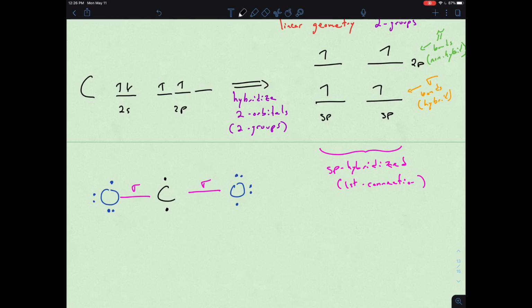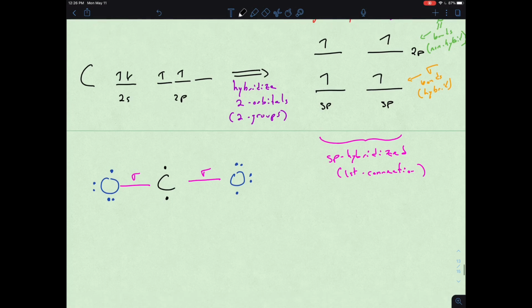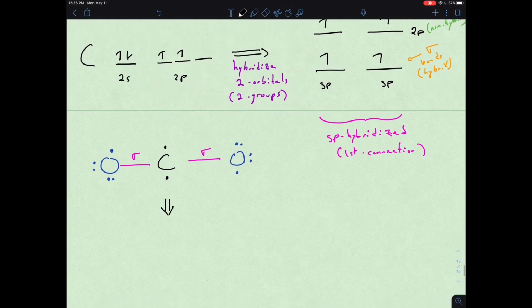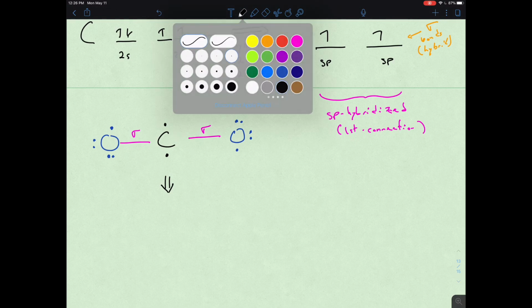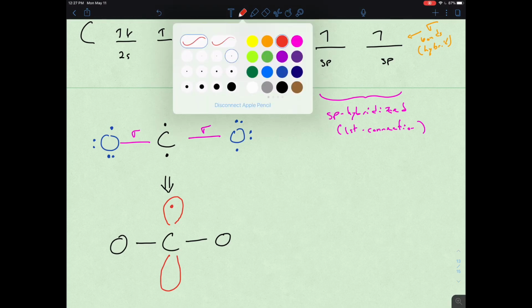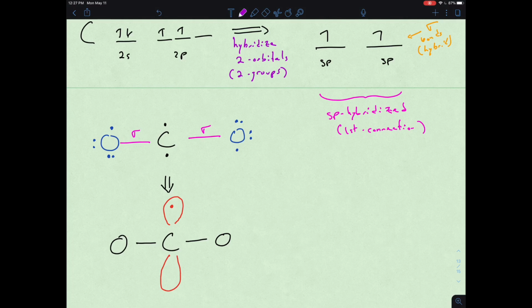So if we now look at the molecule in terms of those orbitals, we end up with our carbon atom having 2 lobes essentially now. Here would be one of those, and then we can draw another in terms of going back and going forward.